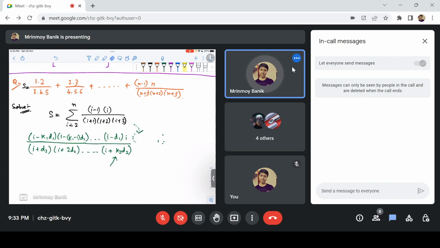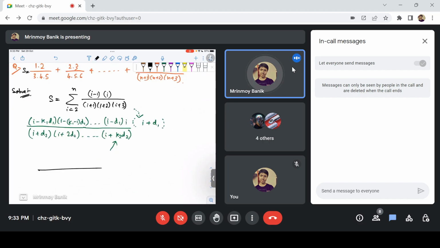So whatever we had, then you multiply it with I plus D1 minus I plus K2 D2 and divide by the same.